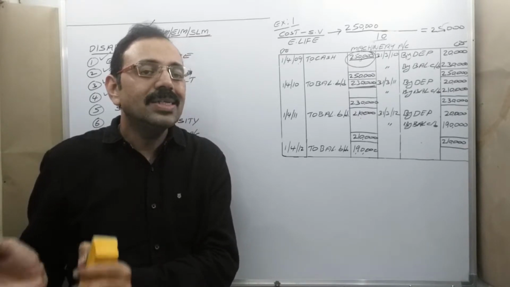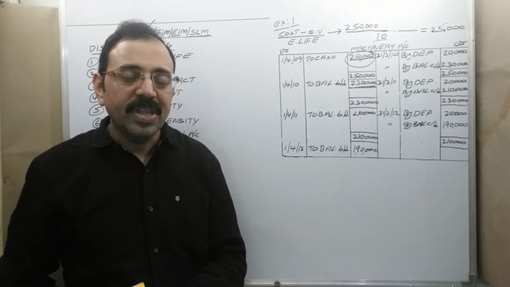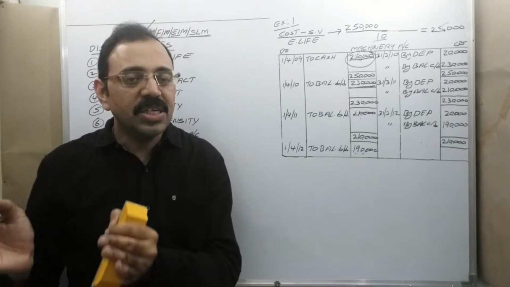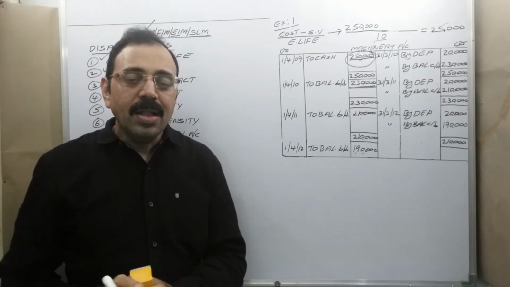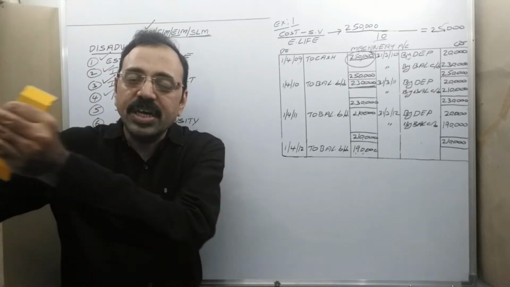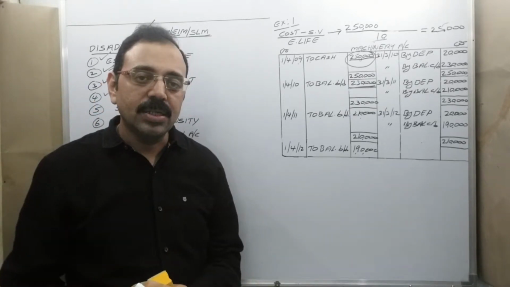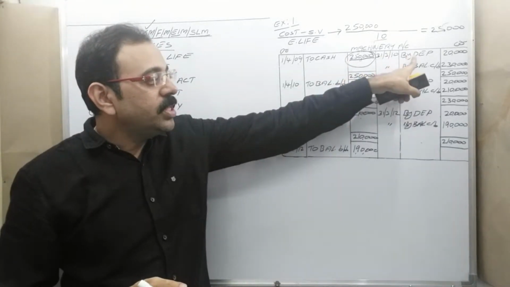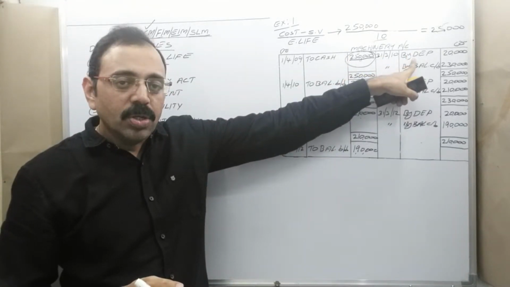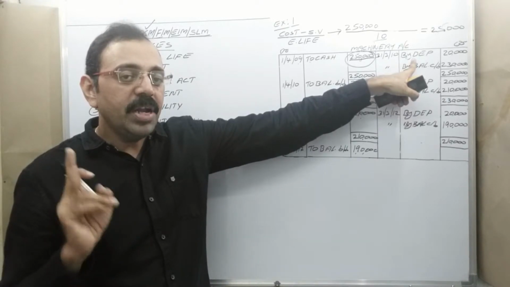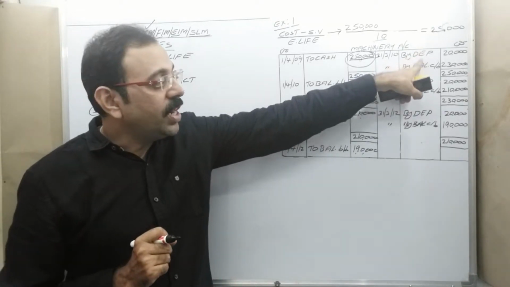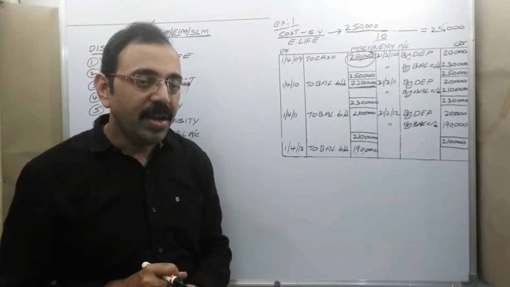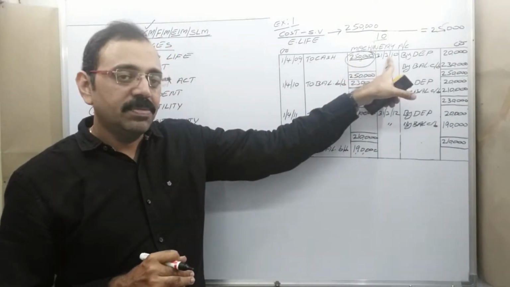Fund means what? Savings amount. That fund is called sinking fund or depreciation fund, and that fund amount will be invested in outside securities. So first year, on last date, depreciation amount 20,000 now. So depreciation fund amount will be 20,000. With that 20,000, firm purchases investments. When? First year, last date.